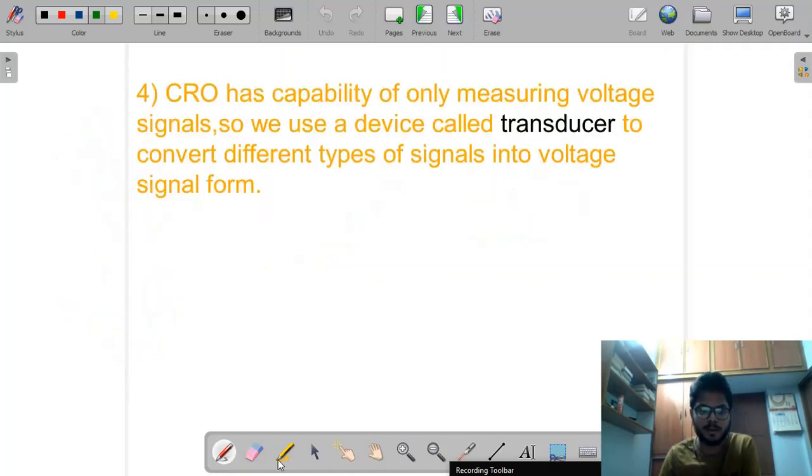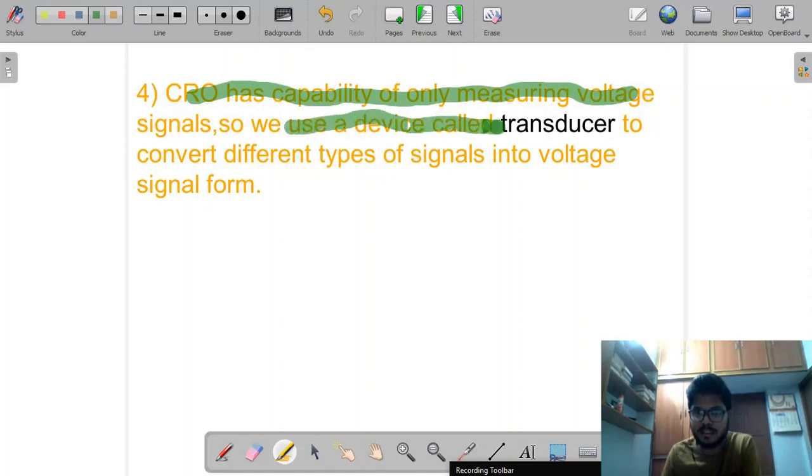Read these points so that you get more clarity. CRO has the capability of only measuring voltage signals, so we have a device called a transducer, very important, to convert different types of signals into voltage signal form.